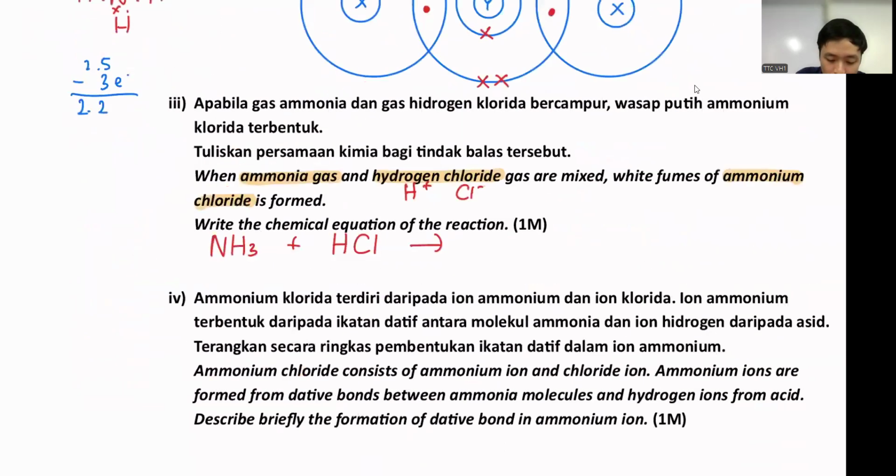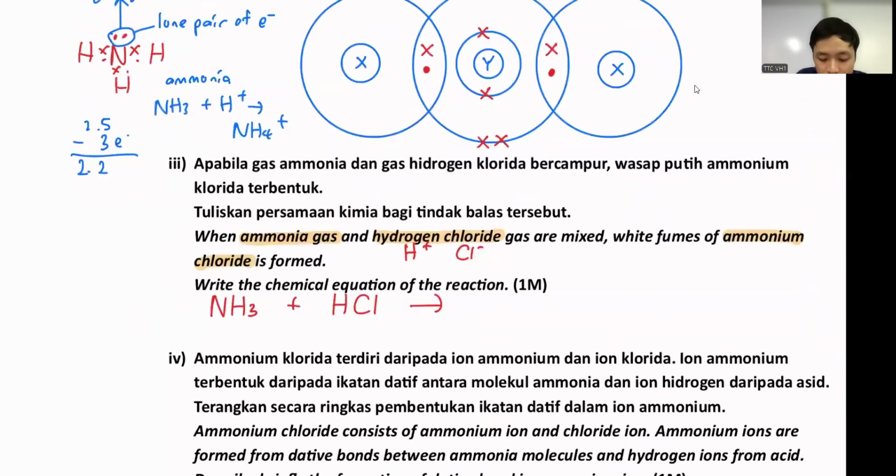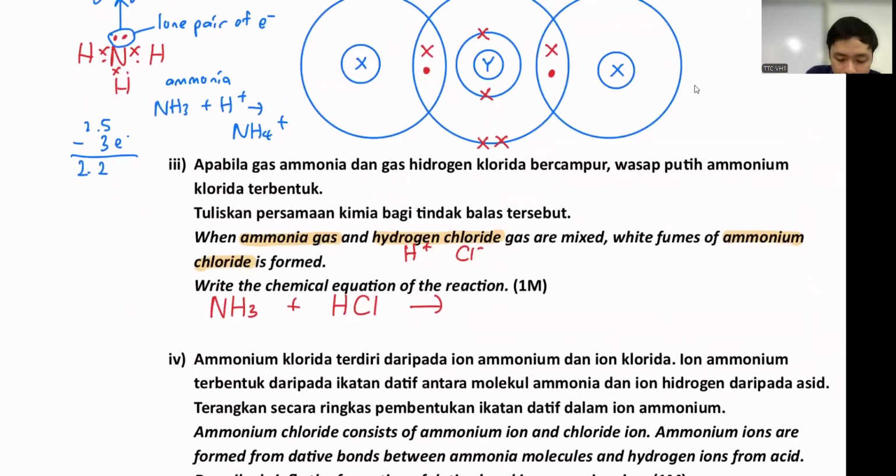and it means when ammonia NH3 reacts with the hydrogen ion, NH3 react with H plus, it will form NH4 plus. If they ask you to draw the structure, it looks something like this.